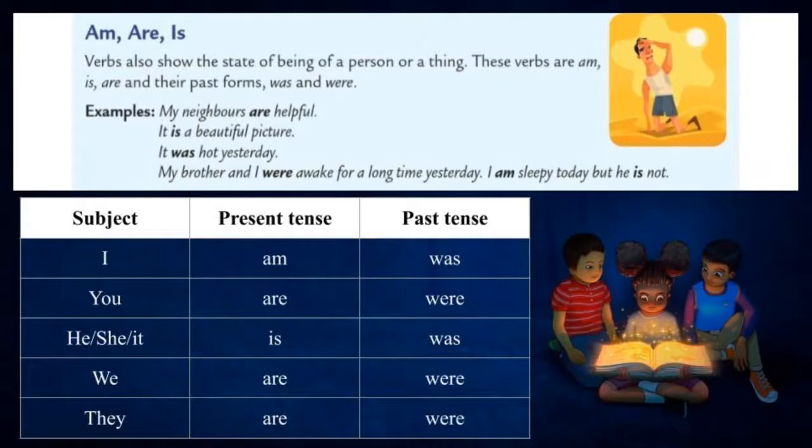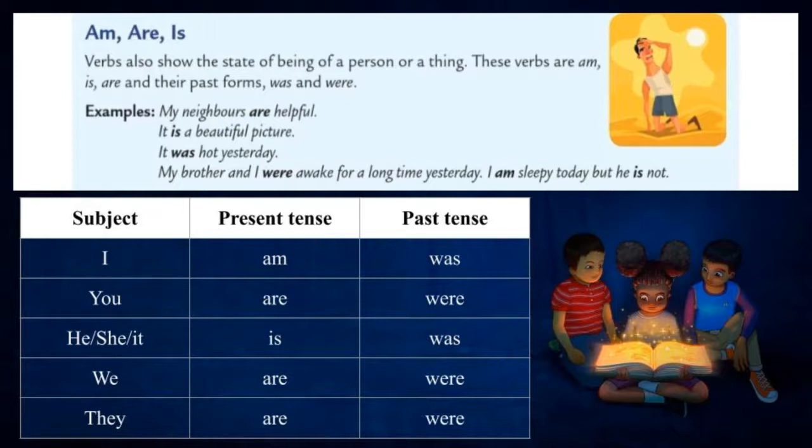Students, now we are going to see am, are, is. Verbs also show the state of being of a person or thing. These verbs are am, is, are, and their past forms was and were. So students, just now only I said that verbs are action words.